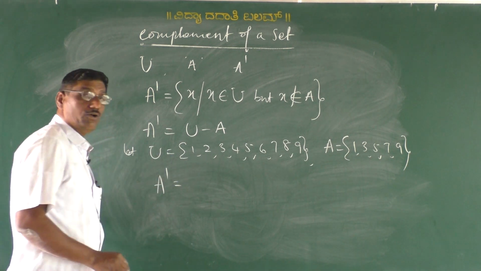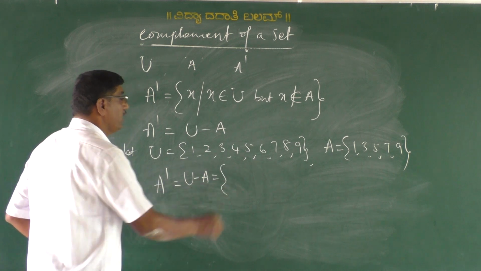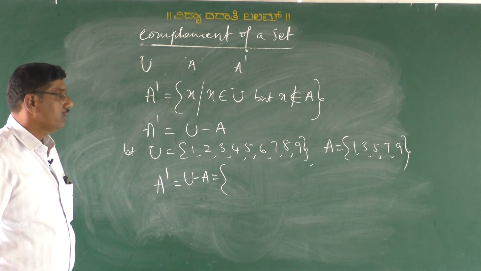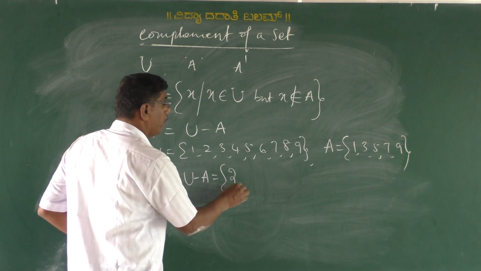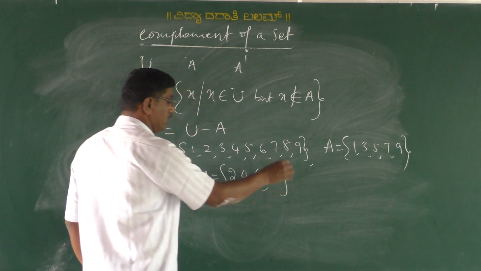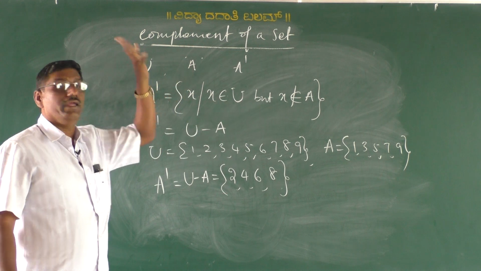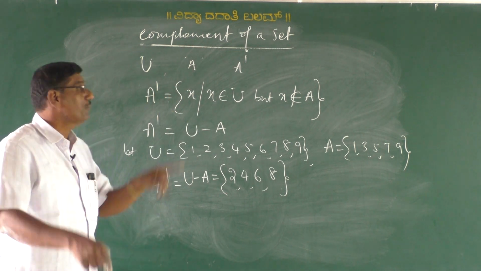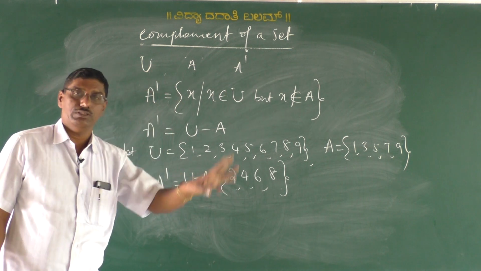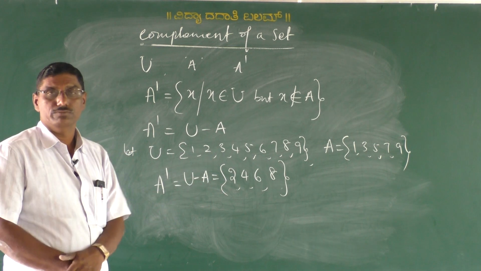A dash is equal to, my dear students, U minus A. That means those are the elements of U only, but not in A. That is the elements 2, 4, 6, 8. This is called the complement of a set A with respect to U, my dear students. Have you understood? That is the complement of a set.